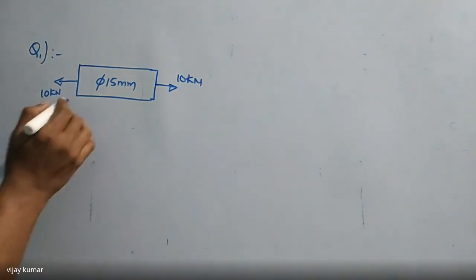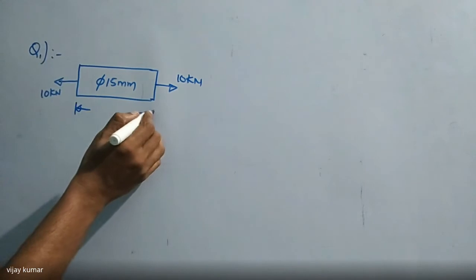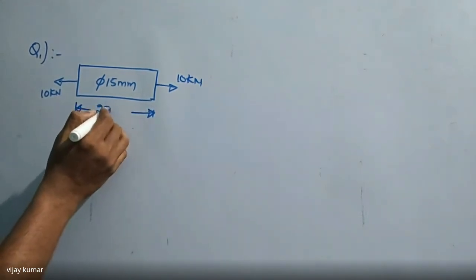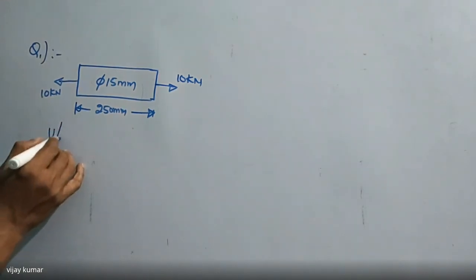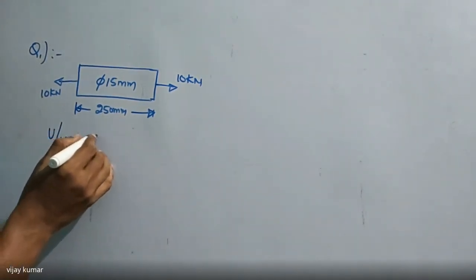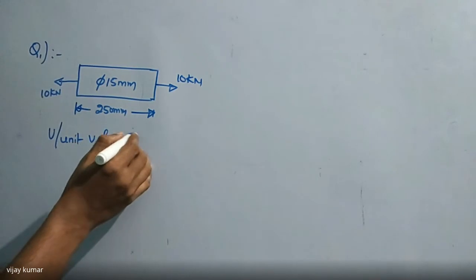The length of the bar is also given, that is 250 mm. Calculate the strain energy stored per unit volume of the bar. So I am writing here strain energy per unit volume. We are going to calculate.